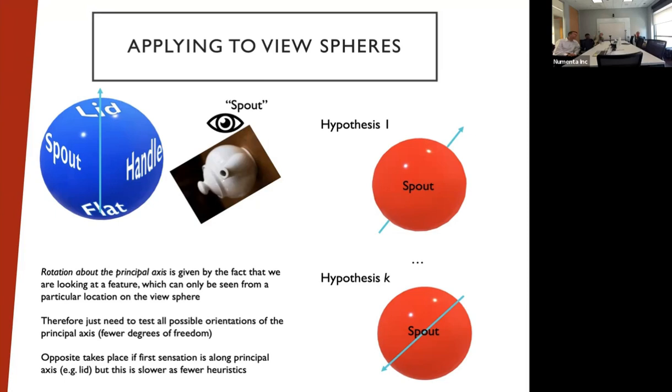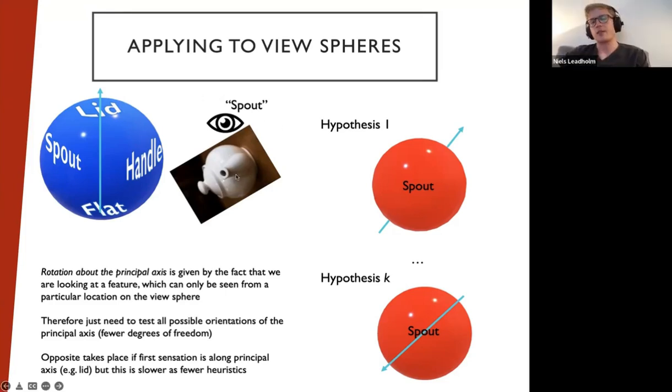I'm looking at the spout. I have to figure out the orientation of the spout. So I'm assuming here that the spout representation, if the spout representation tells you some information about orientation as well, as in whether the spout itself is upside down or right side up, just gives more information and makes it easier.